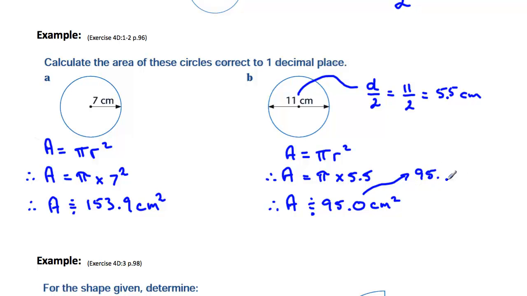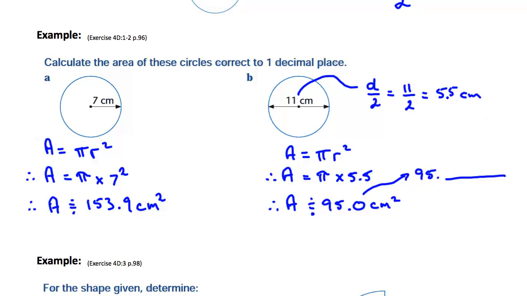There must have been a number here that rounded down to give a 0 in the decimal place, the 10th position. In that case, this does indicate that it's gone to an accuracy level of one decimal place, so we don't drop the naught. We must still have it there. But there's our answer for the area of that circle.